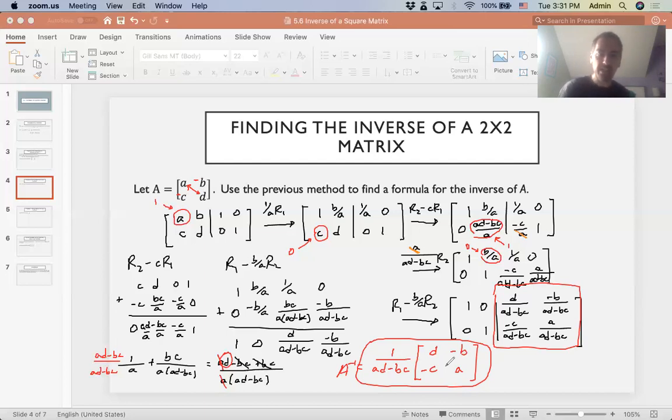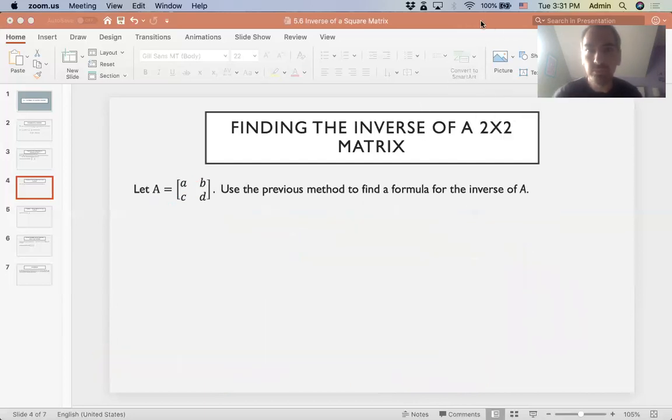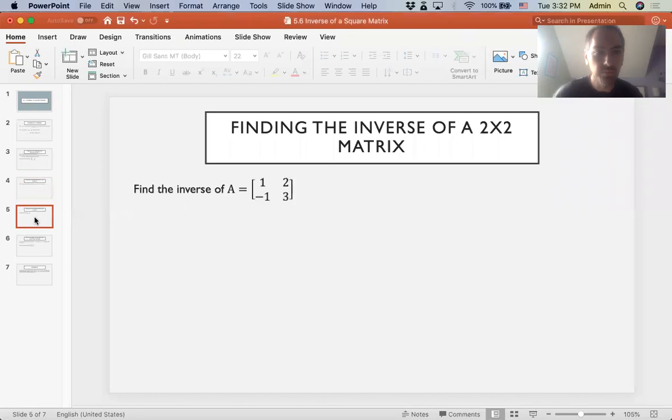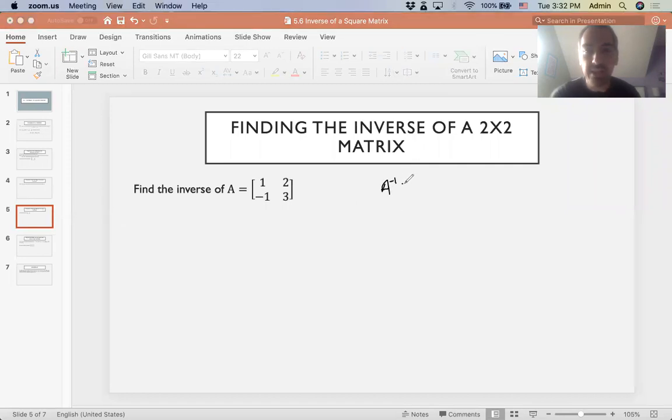Now let's look at a specific example where we're using this formula. So we have the matrix A, 1, 2, negative 1, 3. Let's find the inverse of this matrix, assuming that it exists. We said that it doesn't always exist. But if it does exist, we can find the inverse using this formula that we just derived previously.